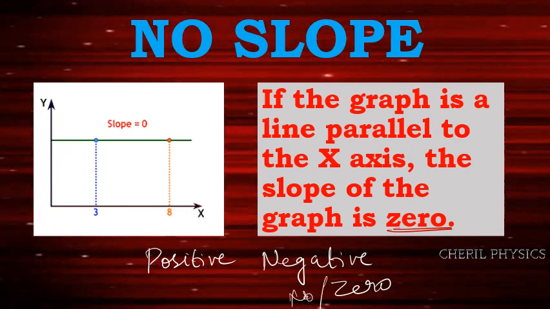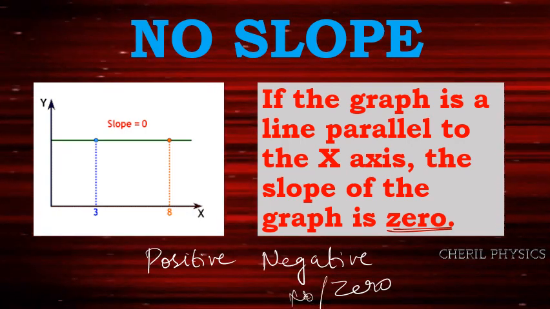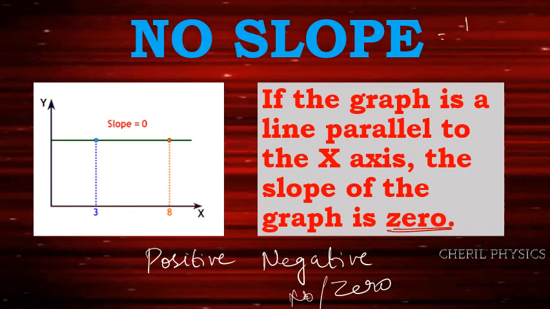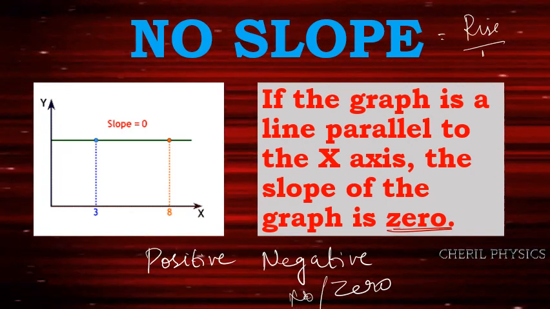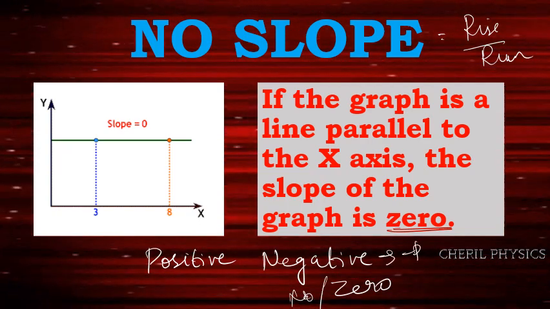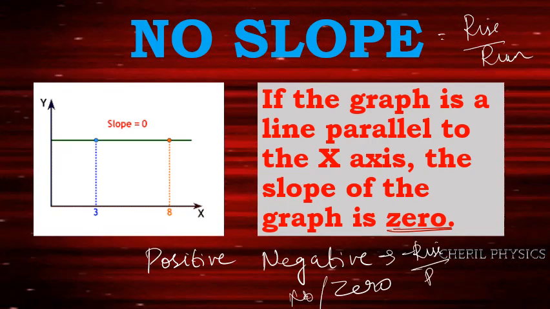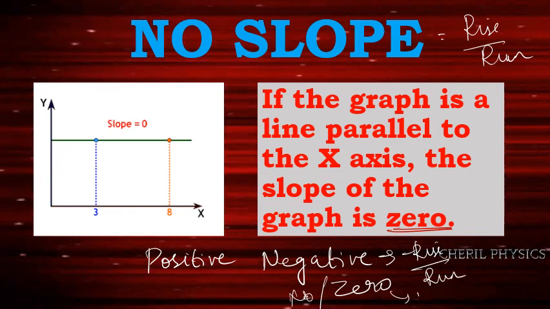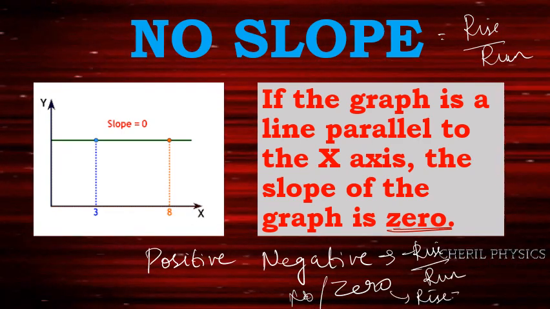Okay, so for positive slope you are going to take it to be rise by run, and for negative you can say it is going to be minus rise by run, and for zero slope you can say the rise is going to be 0.